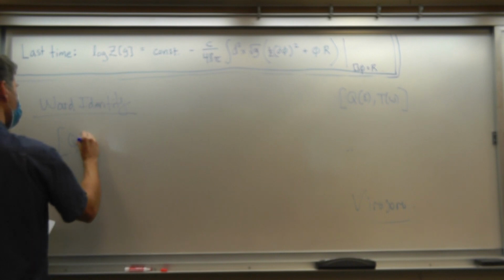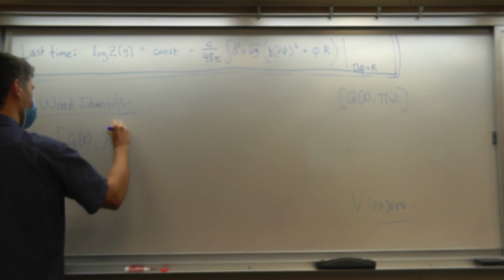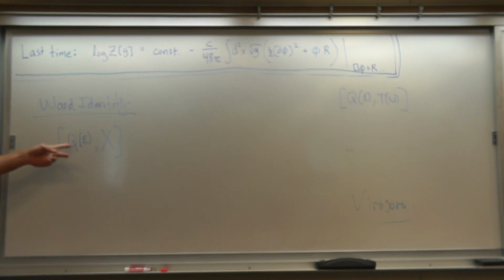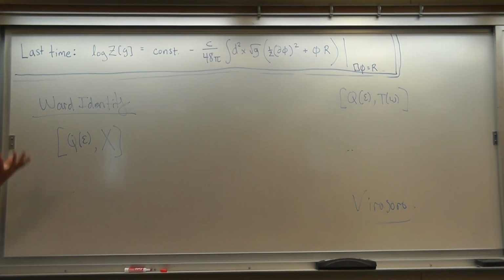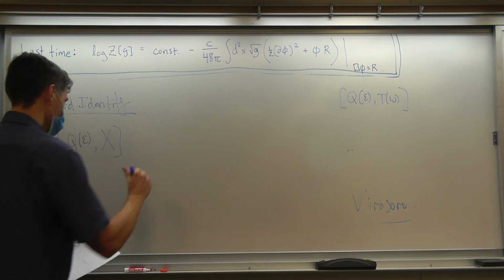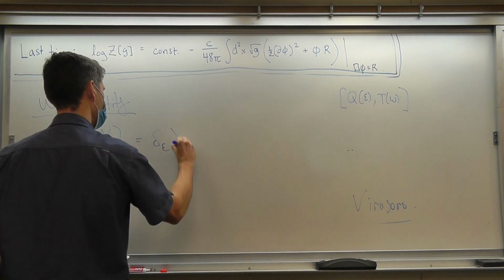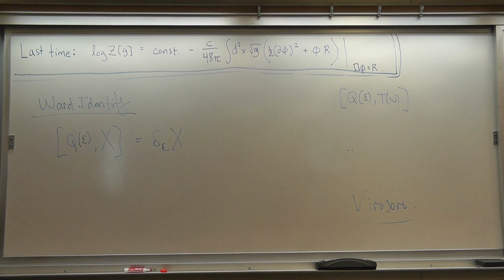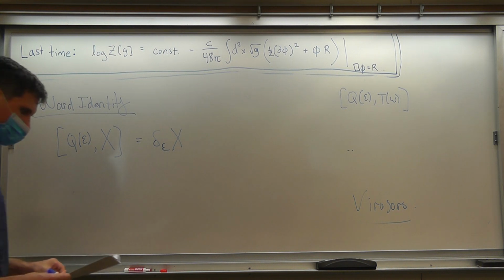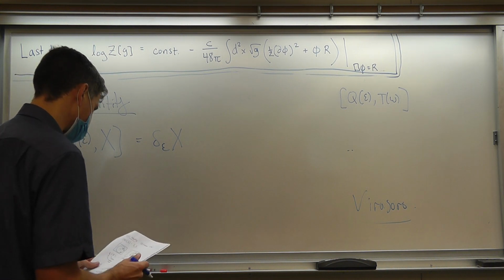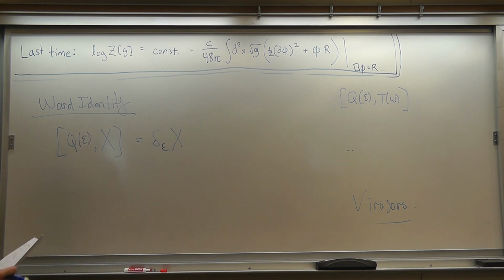Generally, when you have a symmetry, the conserved charge associated to that symmetry has to generate the symmetry under commutator, which means that this had better be equal to delta epsilon of X. This is true for any symmetry, but in particular it's true for conformal symmetry. I want to unpack this a little bit into a Ward identity, in the language of radial quantization.